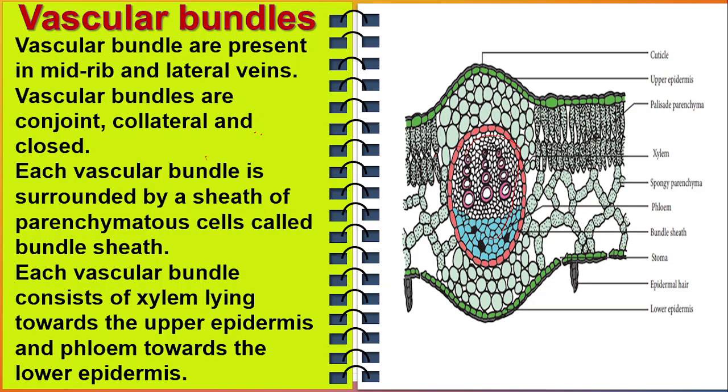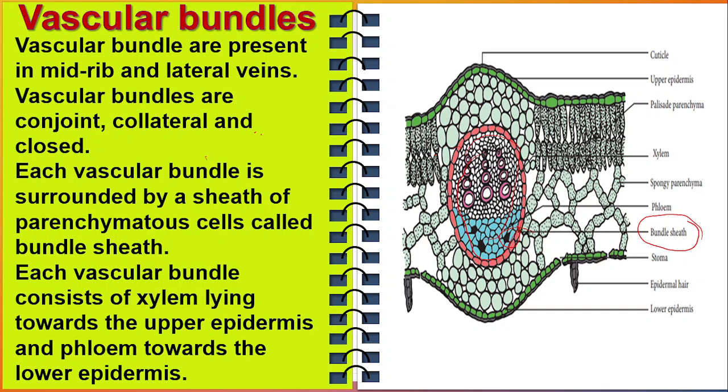Conjoined means xylem and phloem are present on the same radius. Each vascular bundle is surrounded by a sheath of parenchymatous cells. So these cells are known as the bundle sheath.